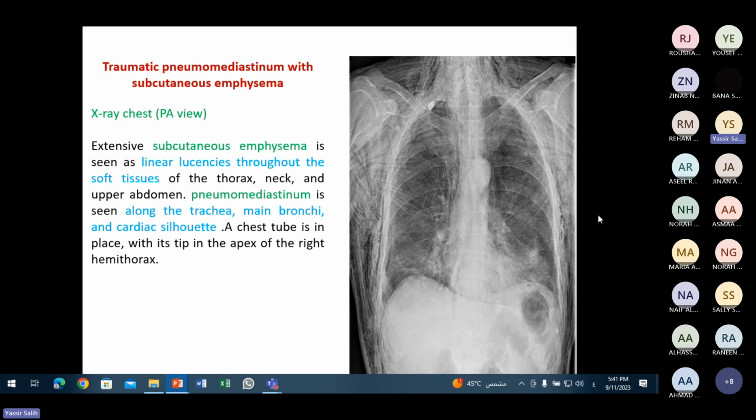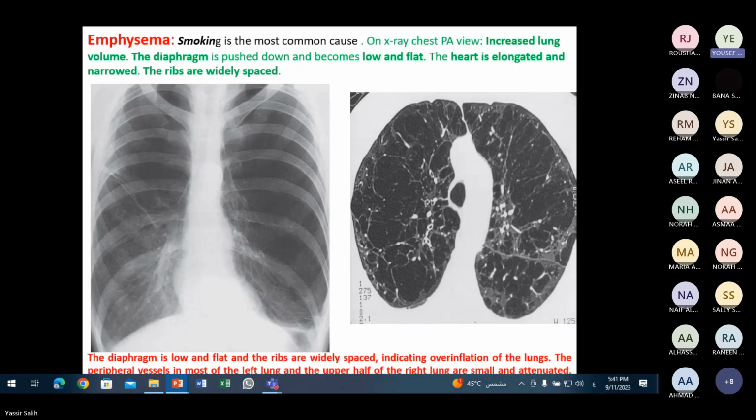Okay, this is also a chest X-ray of a patient involved in a road traffic accident. What striking abnormality do you see? What is abnormal? Hyper.